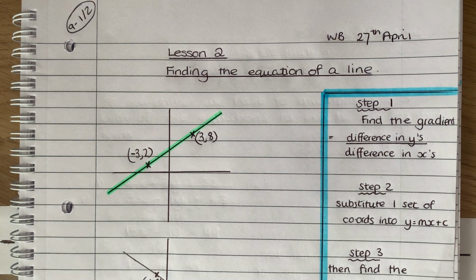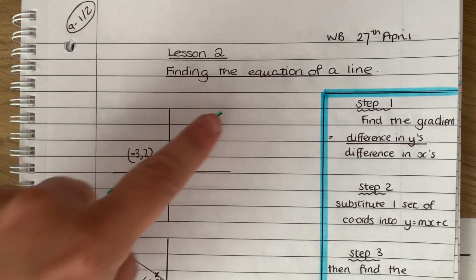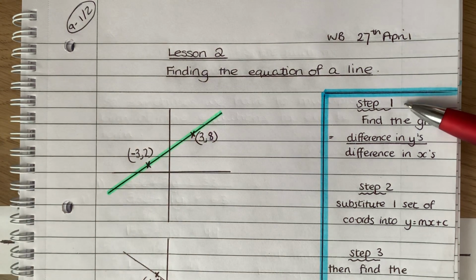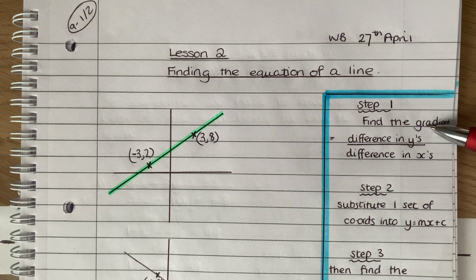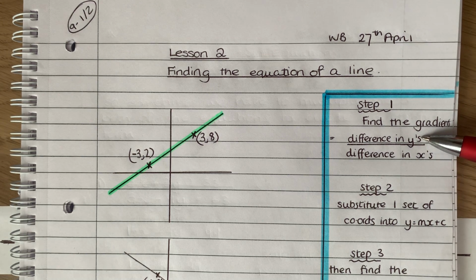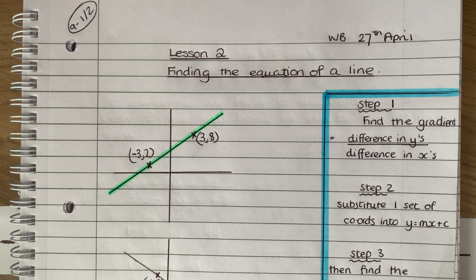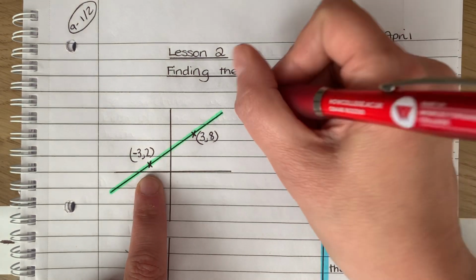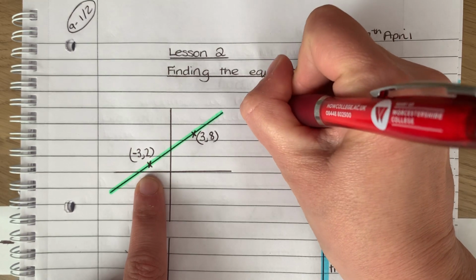So we've got a straight line graph here, and we want to find the equation of the line. The first step is to find the gradient, and as we said last lesson, it's the difference in height divided by the difference in width, or in this case the difference in the y's divided by the difference in the x's. Remembering that all coordinates go x, y.